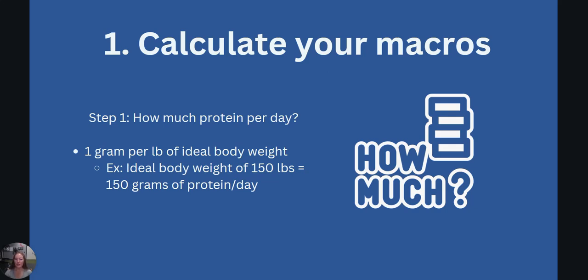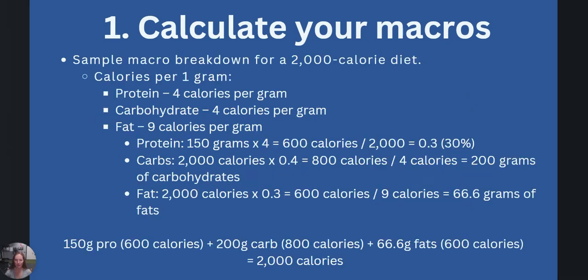Then you're going to eat 150 grams of protein per day, plus or minus 5 to 10. Super easy. Let's not complicate things. We can get granular as far as arguing over if it's 0.7, 0.8, 1.2. For the sake of simplicity, 1 gram per pound of ideal body weight. Easy. Okay, moving on.